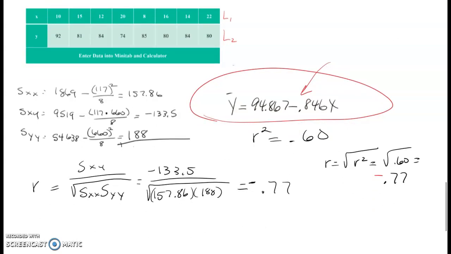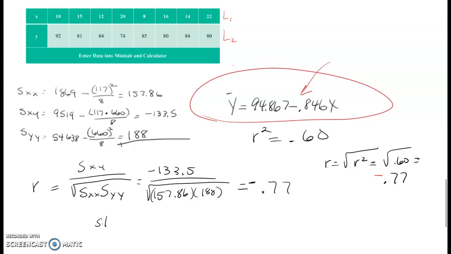So we would interpret that as, it's close to 0.8. If you want to call it strong, you can say it's fairly strong. I would call this one fairly strong. I'd even go ahead and call it strong.